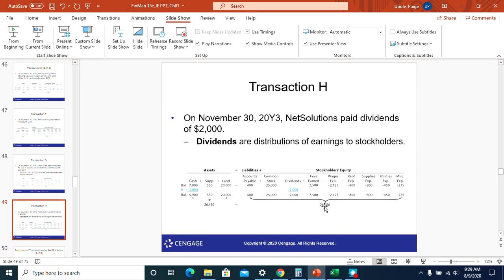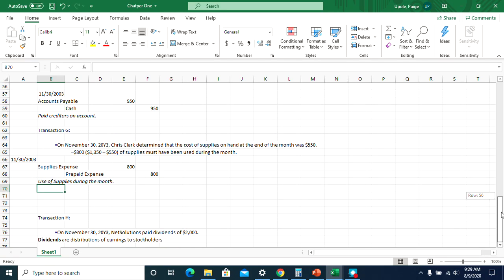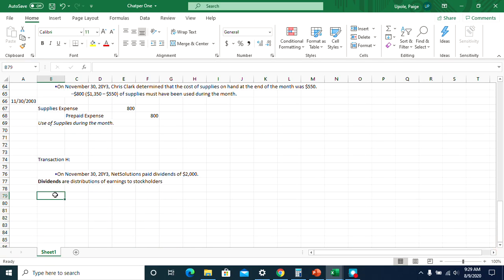So we can go ahead and record this. So we have dividends. I'm just going to put in parentheses expense so we can think about it initially.